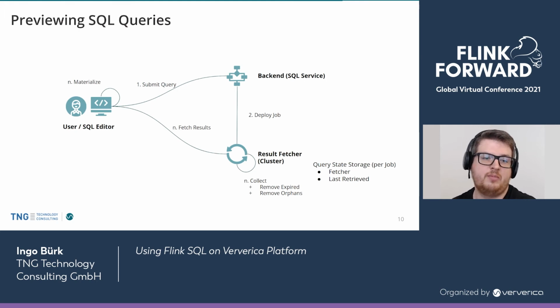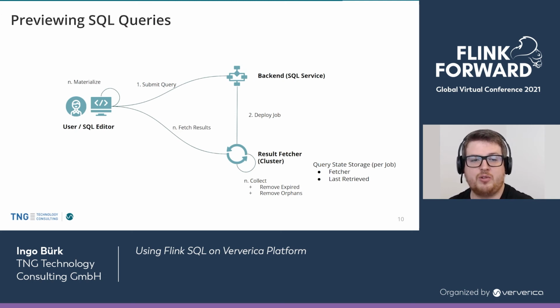Another periodic schedule in the result fetcher looks for orphan jobs and then cancels them, meaning jobs that are preview queries but aren't registered in the result fetcher. And this can happen if the result fetcher restarted for some reason, since it only keeps the state in memory. Basically, we cancel all running preview jobs unless we can prove that they are still relevant, just to avoid clogging up the cluster resources.